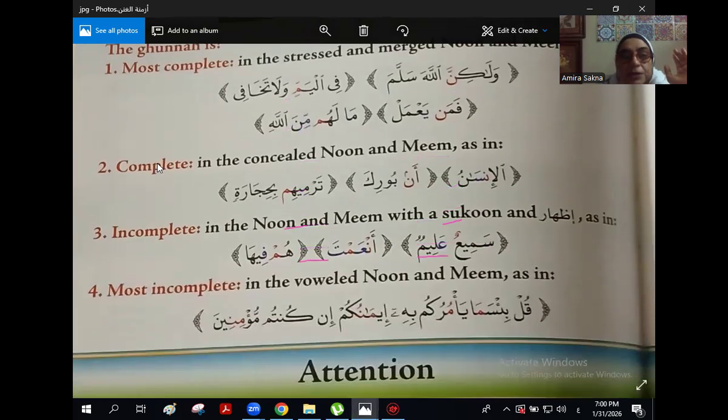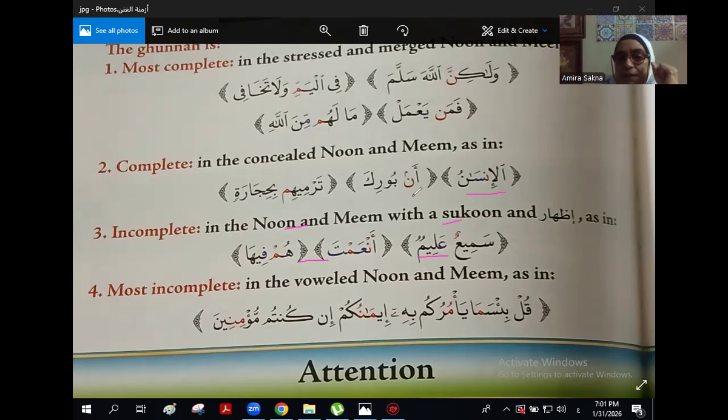Number two, complete. It's a little bit shorter. Complete is in the concealed noon and meme, when we apply ikhfa. In the concealed noon or meme, like here, the time I'm going to take is a little bit less than the time I took here.